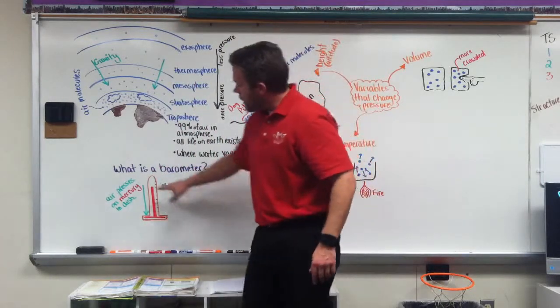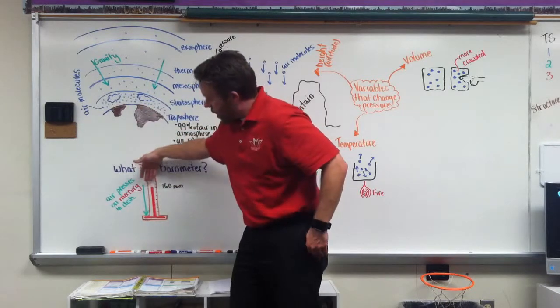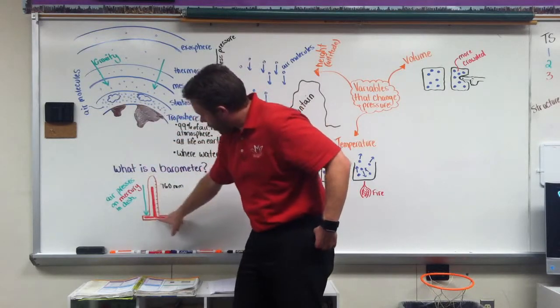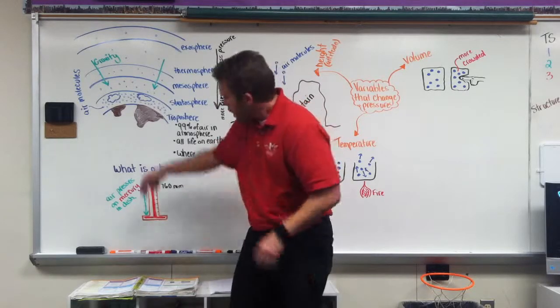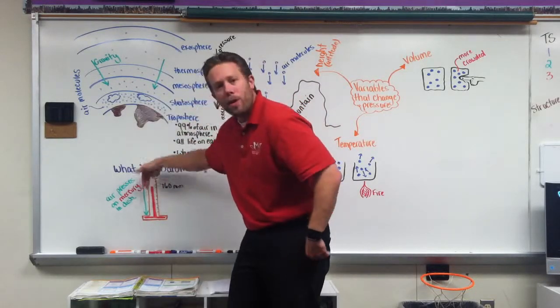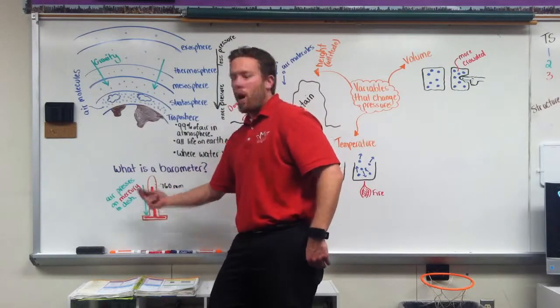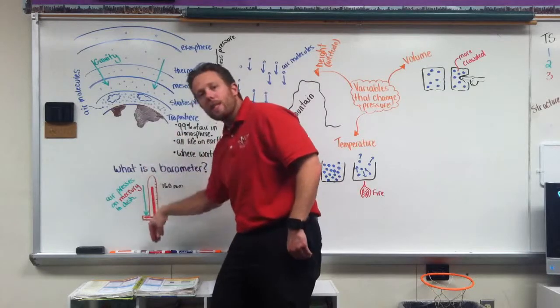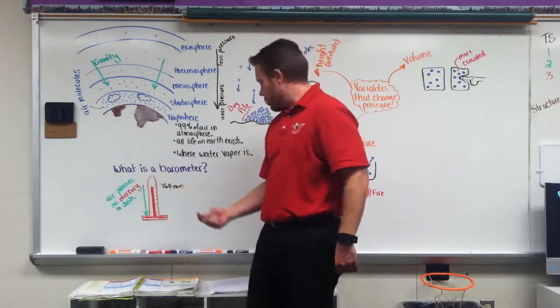Basically, because of gravity, air presses down on the mercury. Mercury is at the very bottom of this dish. So the air pressure presses down on the mercury, and that causes the red line to go up. The more that squeezes down on the mercury, the more is going to be squeezed up this tube.